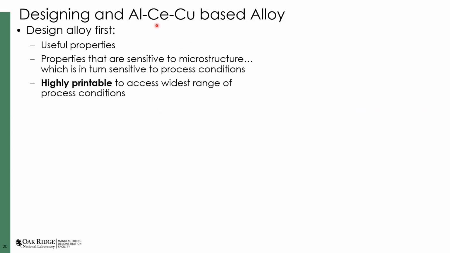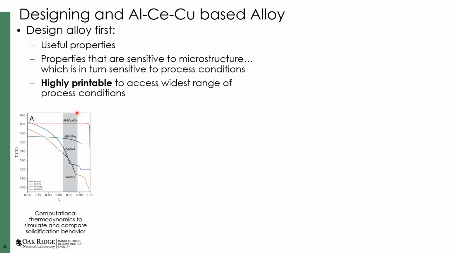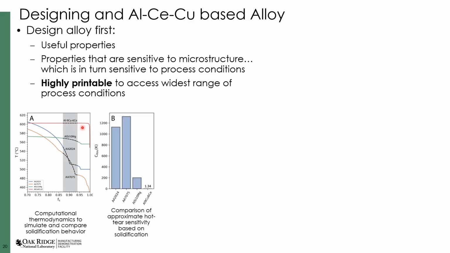So we ended up looking at the aluminum cerium copper system. And the reason for this was we did some initial computational thermodynamics calculations, and we found that this ternary system exhibits this kind of eutectic reaction that I'm showing here on this Scheil simulation that gives us a very flat temperature response with respect to the solid fraction in this critical range where hot cracking is the most susceptible. And we are able to do some simple approximations for our hot cracking sensitivity.